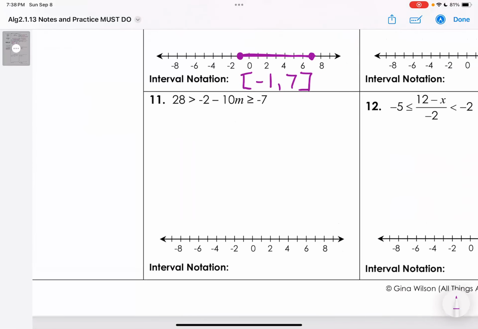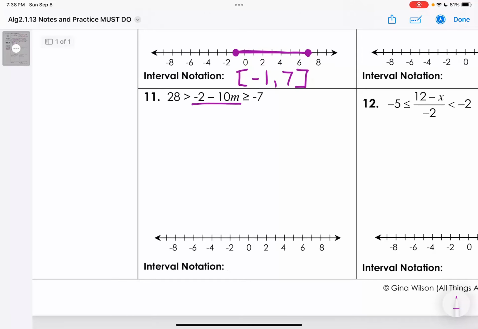Now this one has more than one step. So I've got the middle part, -2 minus 10m. Now the goal is to solve for m to get it by itself. So the first thing I need to do, even though it's there on the left, is this is -2.